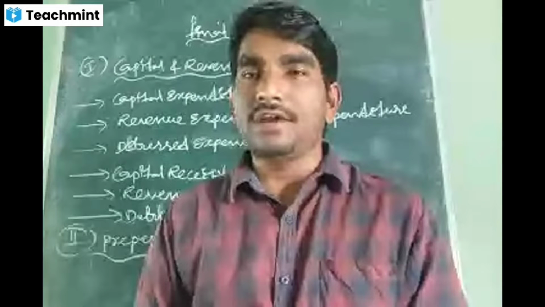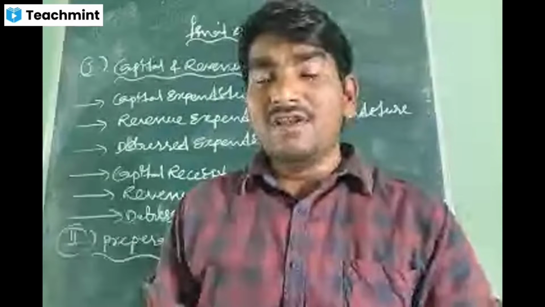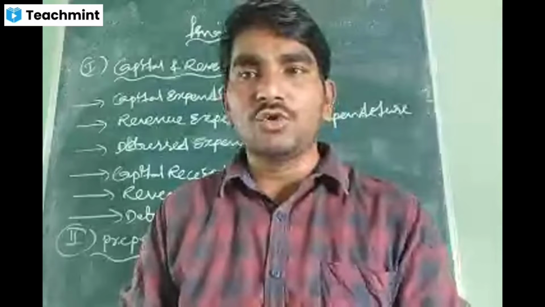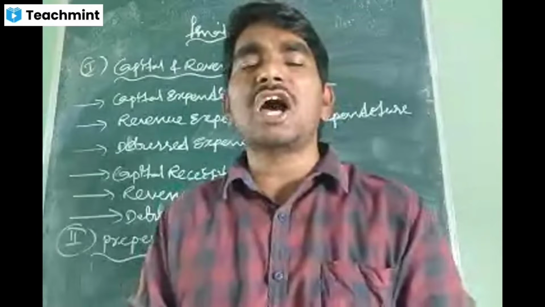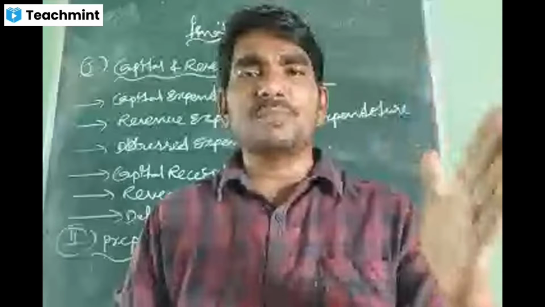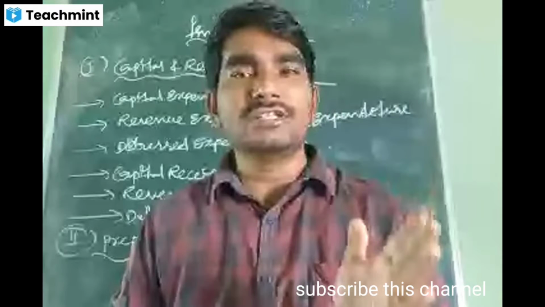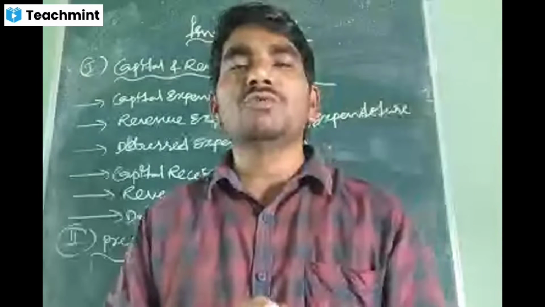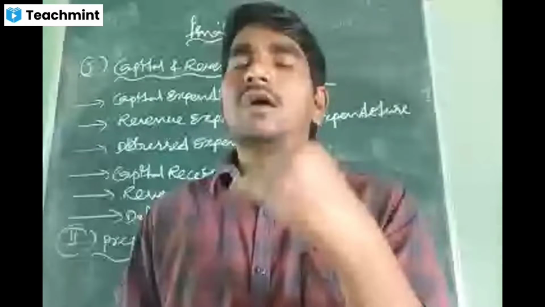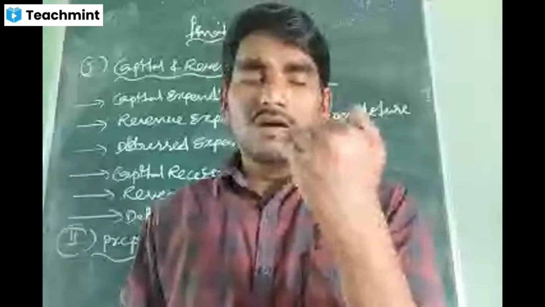Once again, I will repeat a small introduction of what final accounts are. You already know I have explained the accounting cycle. The accounting cycle starts with journal entries, then preparing the ledger, then the trial balance, and after that we prepare the final accounts.